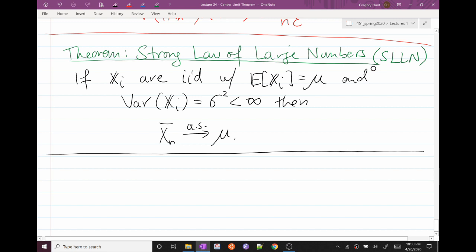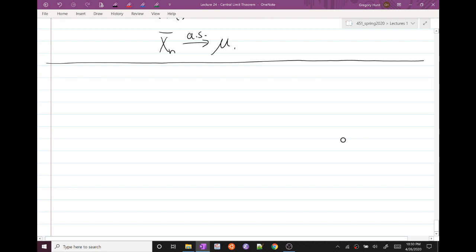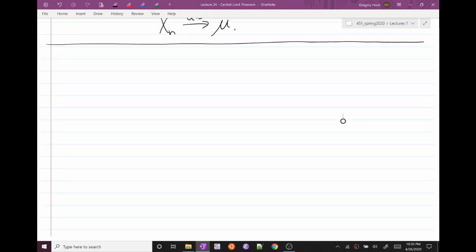The strong law, under some stronger conditions, it converges almost surely to mu, so an even stronger statement. And the last way, corresponding to our last mode of convergence, is convergence in distribution, and this is known as the central limit theorem.